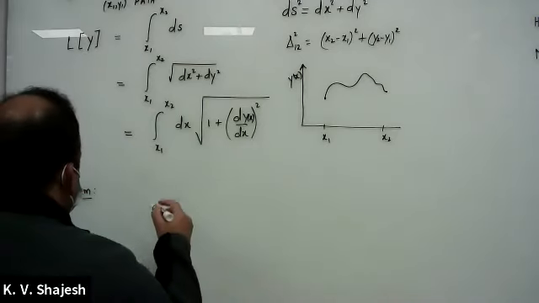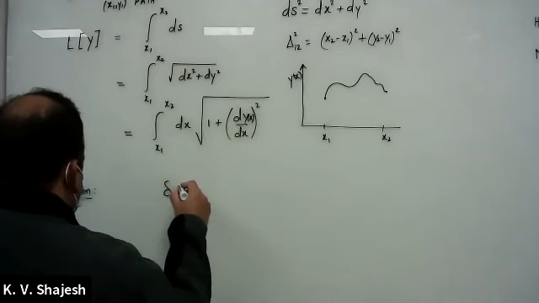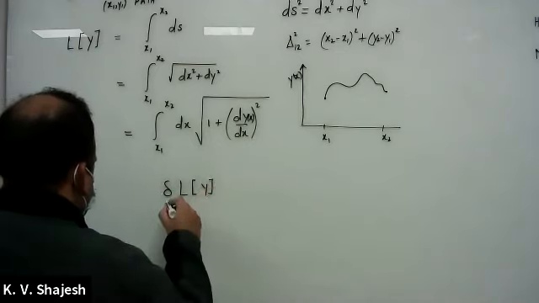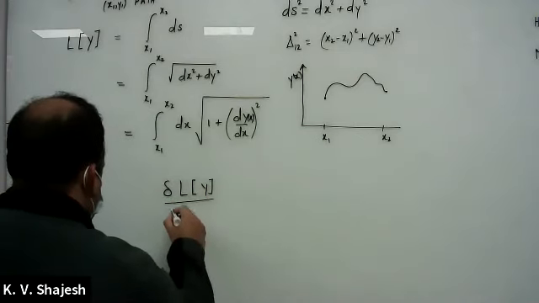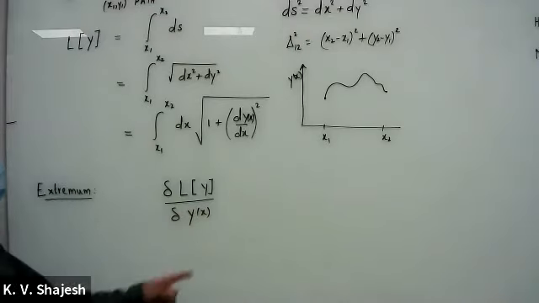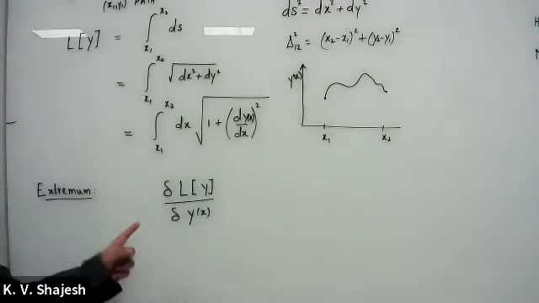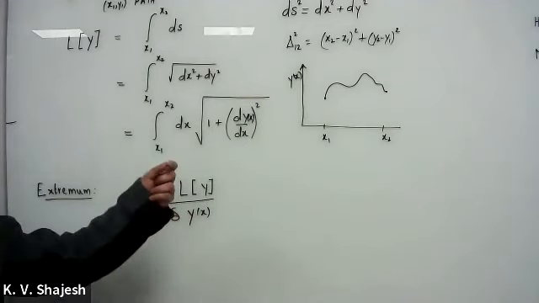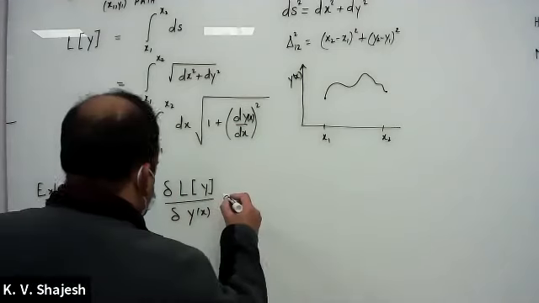So this time the functional derivative will be 0. So dL as a functional of y with respect to y of x. Given any path, you make a variation in the length with respect to y. You make a small change and you require this to be 0.